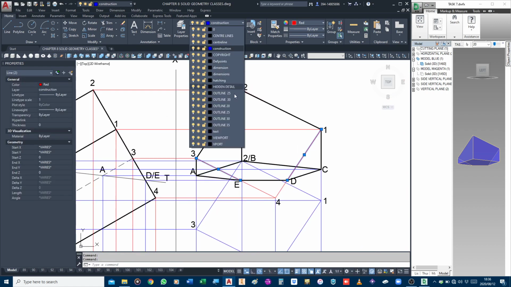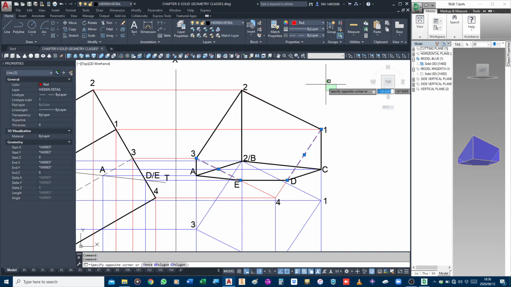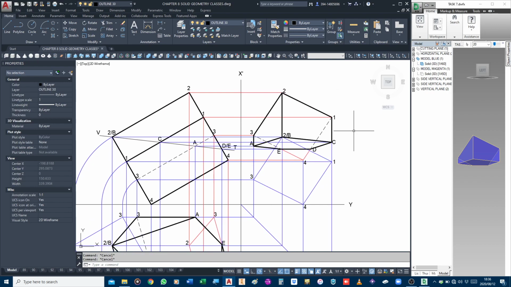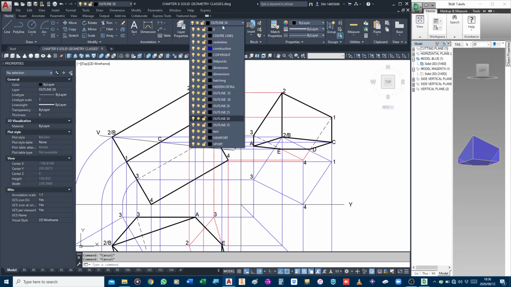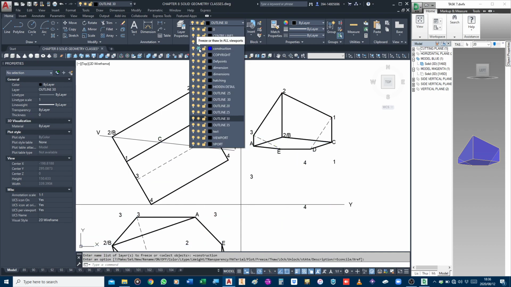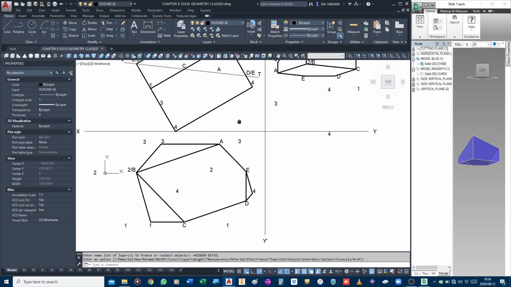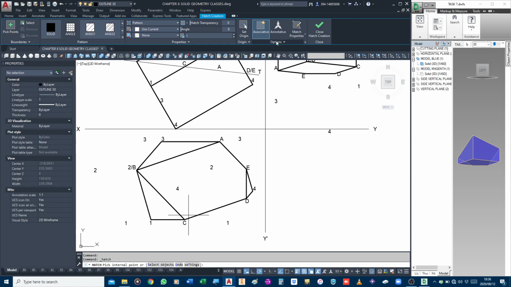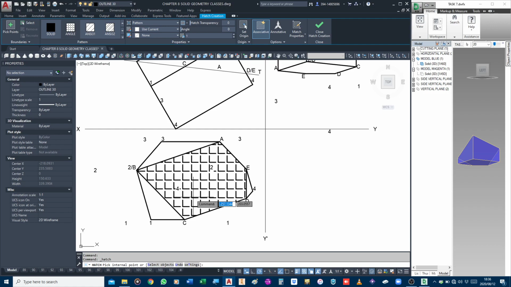So going back to what I just said, that needs to be hidden detail, and it also needs to be black. If I then go to insert my hatching, I need to switch that off, and I can now go and say, I want to do my hatching, and just to make sure that it's not picking up anything, it's two separate ones.